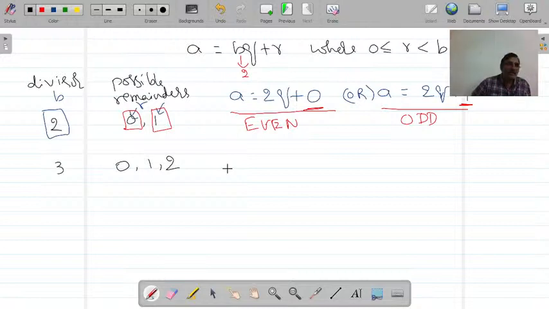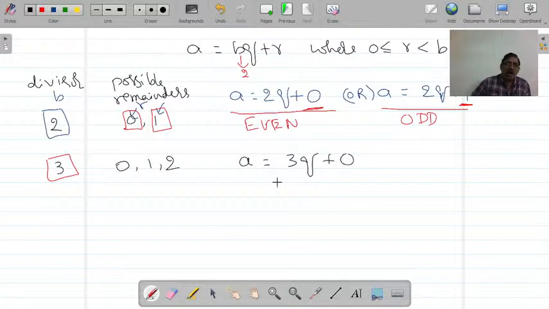Come on, it is simple. Now can you write the forms of A? What are the forms of A? A can be of the form, because the divisor is 3, now we have to take b value as 3. So A can be 3q plus 0.